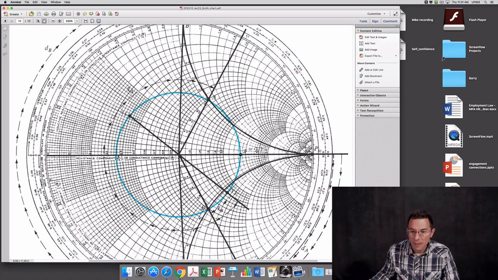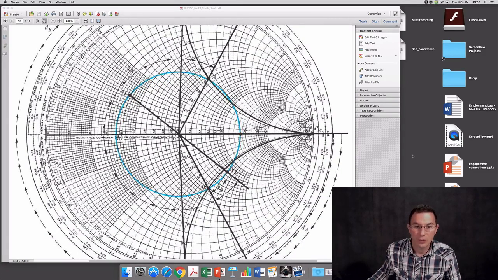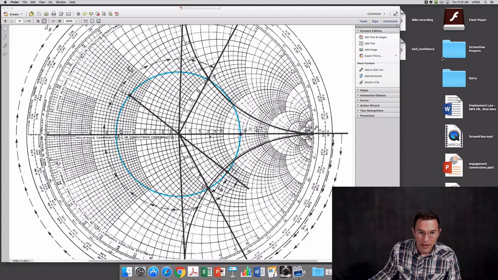Let's look and see where that falls on the Smith chart here. Okay, so we're at R equals 1.6. We're on the R equals 1.6 circle. I understand this isn't terribly big, but if you look along the horizontal axis here, that number right there is 1.6. And so this circle right here is the R equals 1.6 circle.